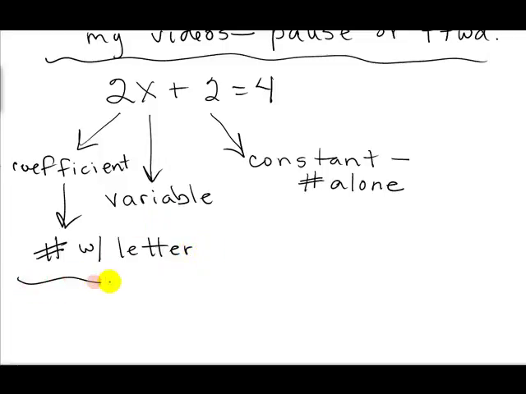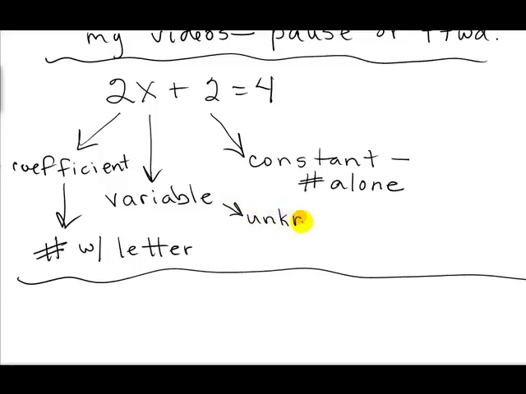We also want to remember that the variable is just a letter that replaces what we don't know. It's really our unknown, and that's what we're looking for. We're trying to find out what is the number that goes in the place of this variable.